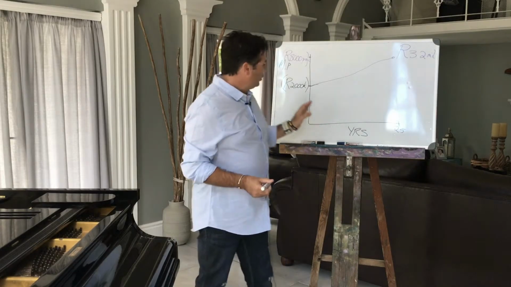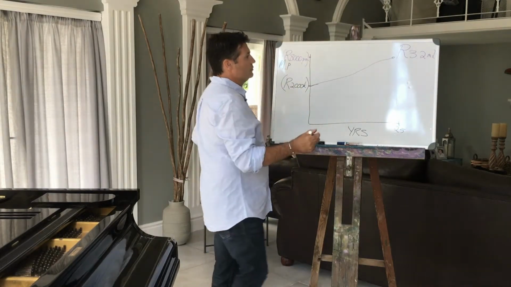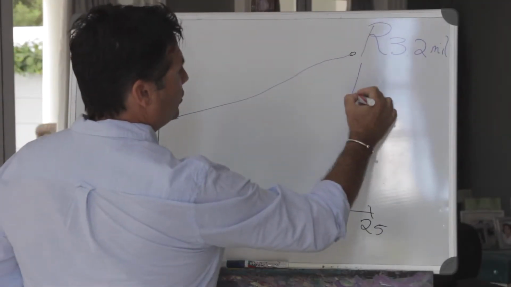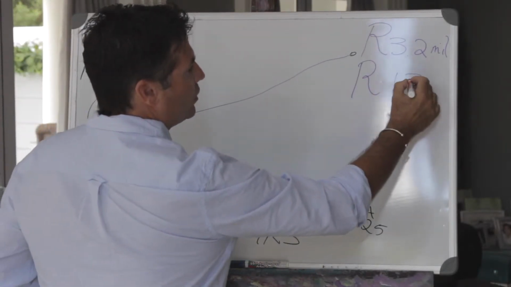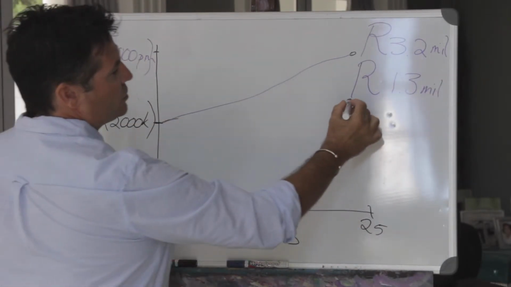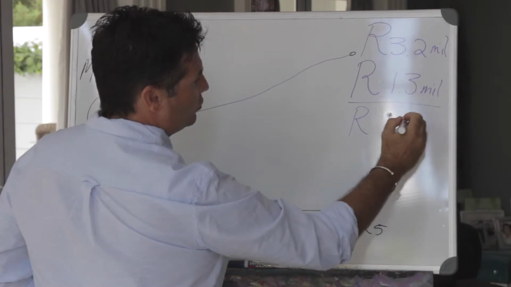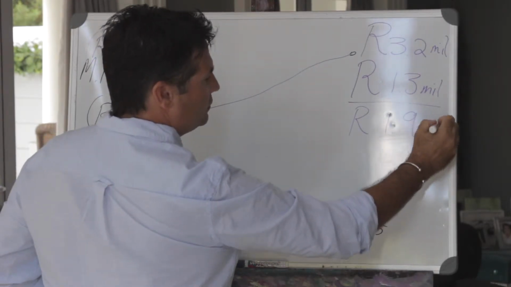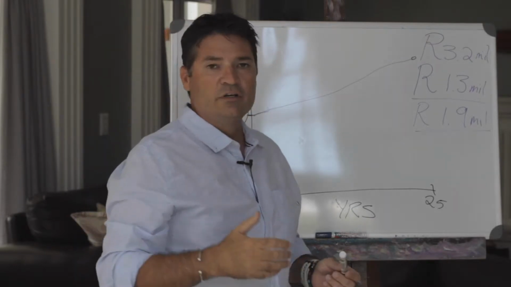So if we add up all of the amounts that we have paid to the retirement annuity over the years, we're going to get to an amount of 1.3 million, somewhere thereabouts. So if I calculate the difference there, we have 1.9 million, and that's for simple return on investment.